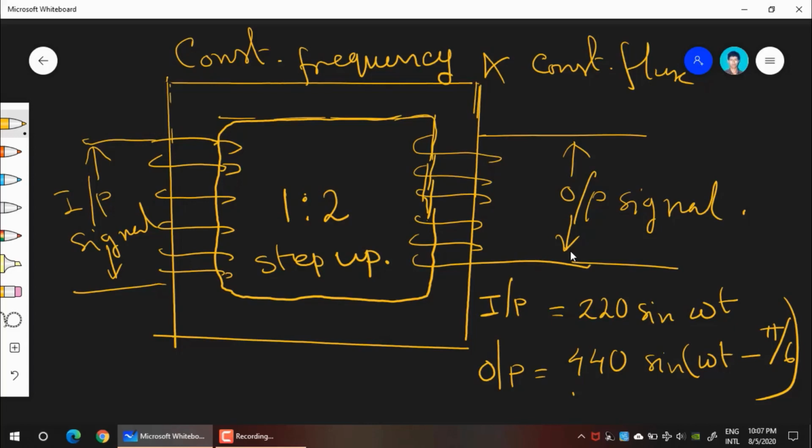We will come to that later. But think about this, you have 220 sin omega t and 440 sin omega t minus pi by 6.